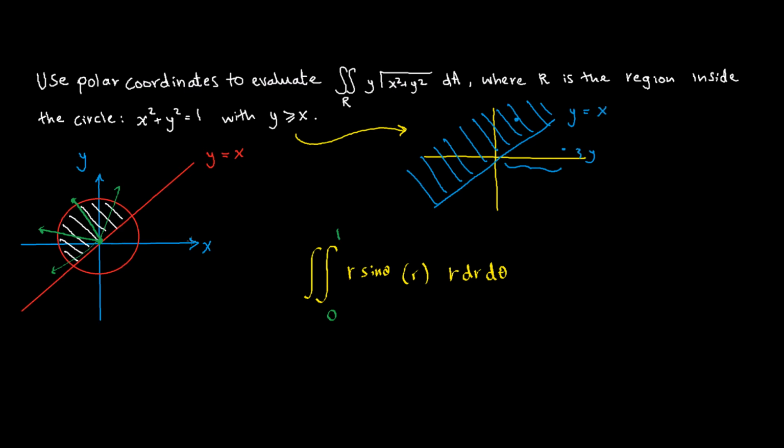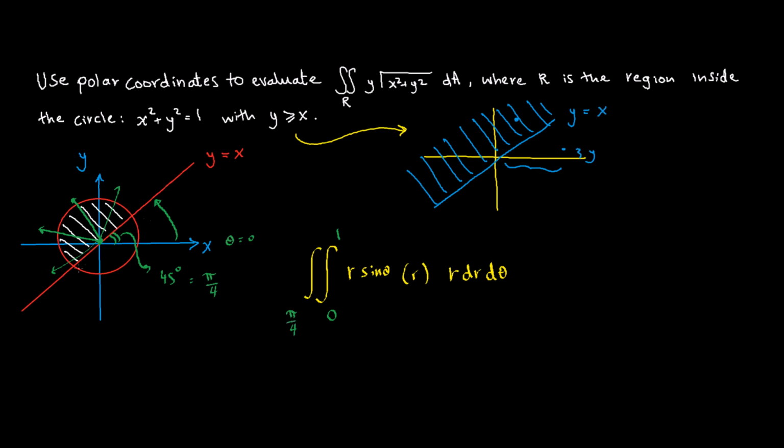So you see when theta equals 0, the region is not defined, and we keep going counterclockwise until we reach the region at this line. So this line is y is equal to x, and this angle here is 45 degrees, or pi over 4. So the lower limit would be pi over 4.